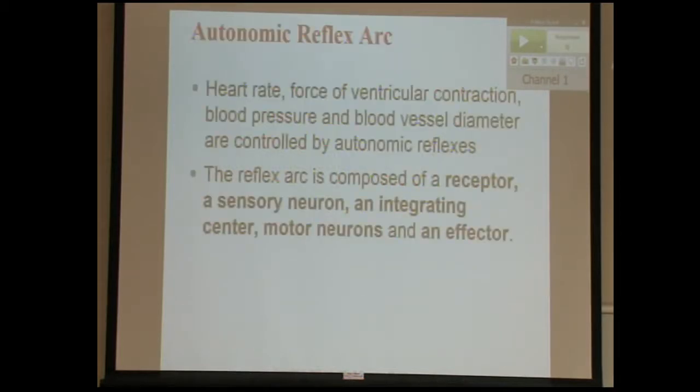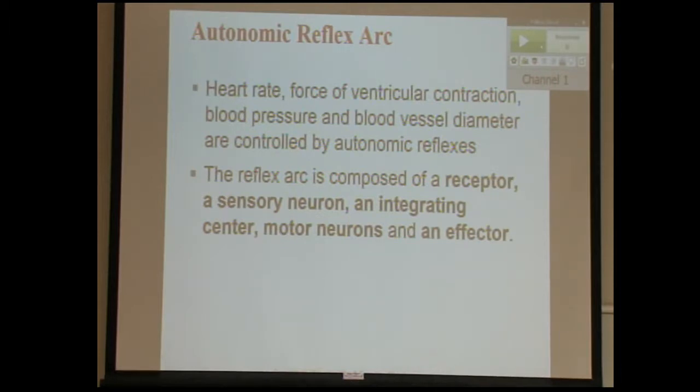So the last thing we had was an autonomic reflex arc to kind of show you how this all works together. Because you do have parts of the autonomic nervous system that sense things, even though it's not conscious. They are checking up on everything.